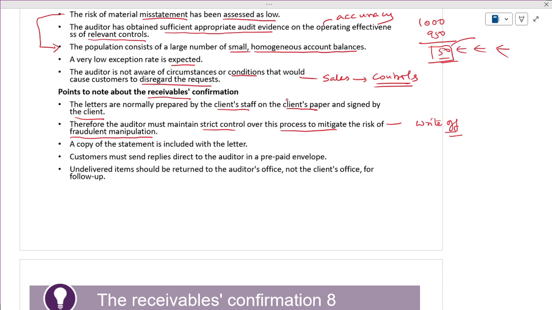A copy of the statement is included with the letter, a copy of the receivables statement listing of the client, as a supporting document. Customer must send replies directly to the auditor in a prepaid envelope.